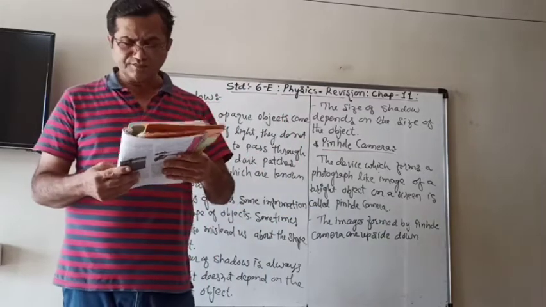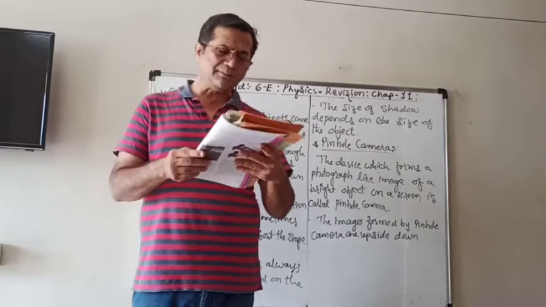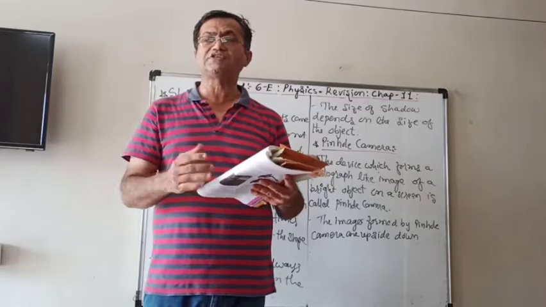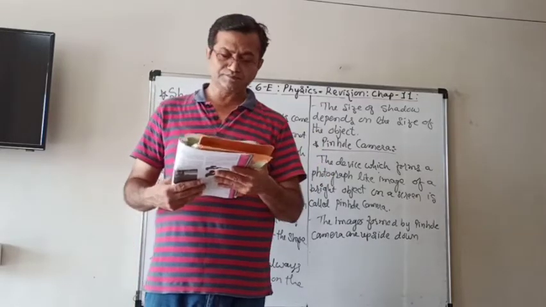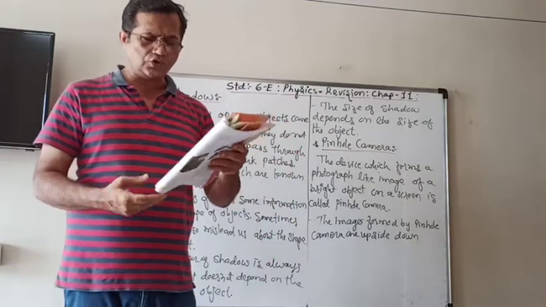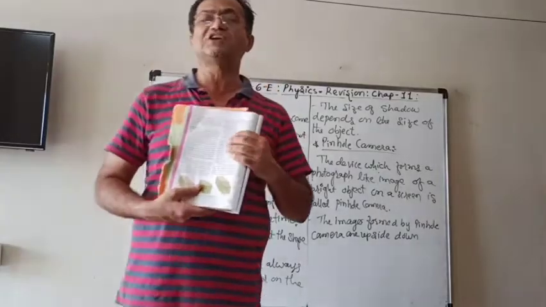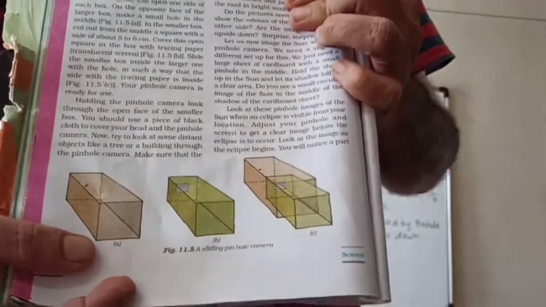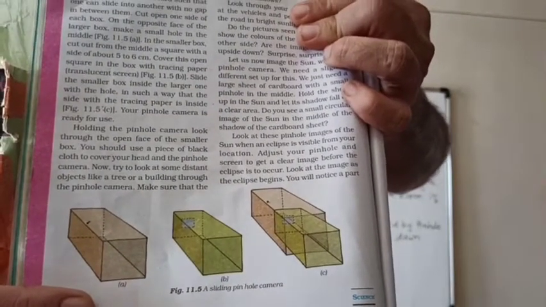For that you need two boxes, one a little bigger and the other a little smaller so that it can enter the bigger one. And then you have to do it as shown in the picture here. I will send you the PDF file also on how to make a pinhole camera.